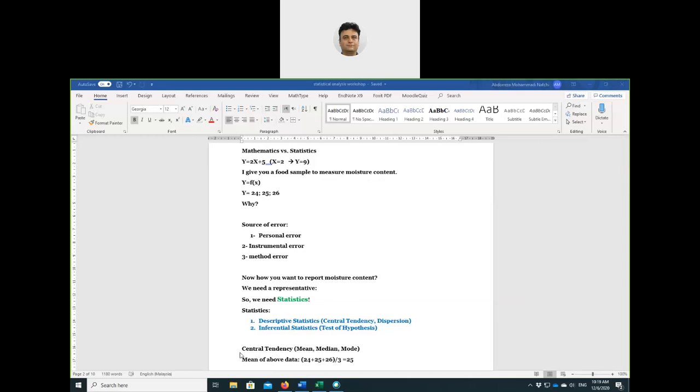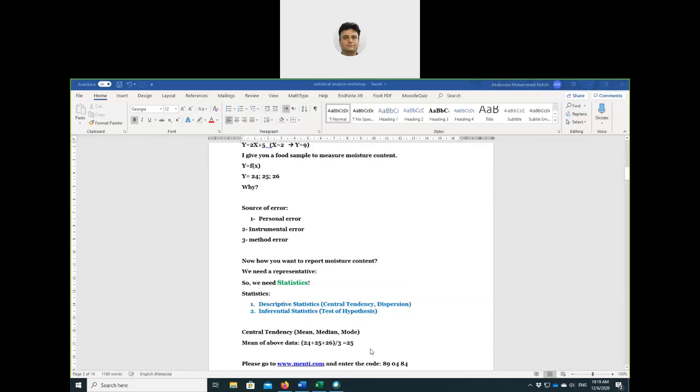Okay, so the first thing, starting with descriptive statistics and central tendency. In central tendency, we have three main central indexes: mean, median, and mode. The best, direct, and easiest way to report a representative, or central tendency, is to report the mean of this data.